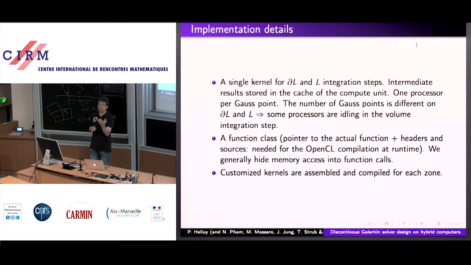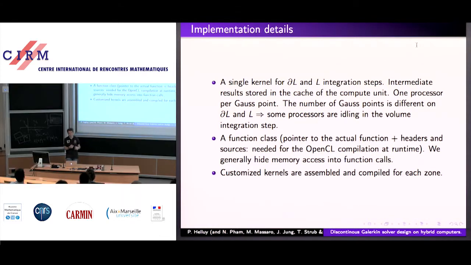Sometimes it's more interesting to keep data in the cache memory and have some processors idling, waiting for other processors. It's more efficient than sending the data to global memory and getting them back. So you have several optimizations. I already said that a customized kernel is assembled and compiled for each zone.